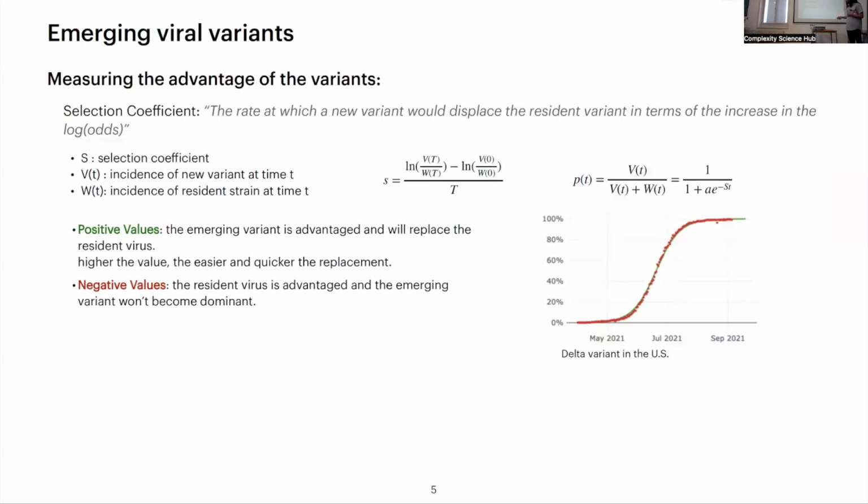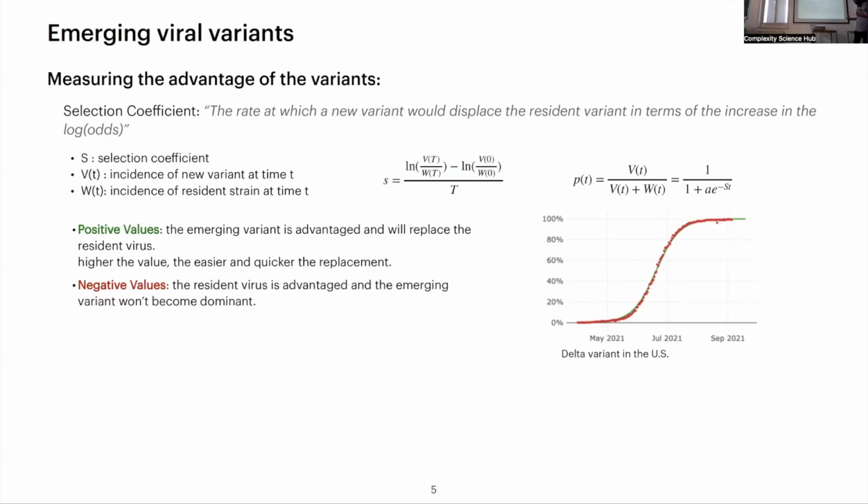Basically, it is the time derivative of the logarithm of the relative incidence. It can be a positive number or negative. Positive means that the new variant will grow faster than the resident variant and can replace it. The more positive the value, the quicker and easier this replacement happens.